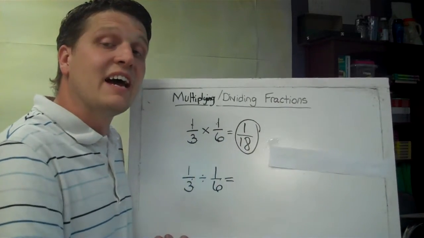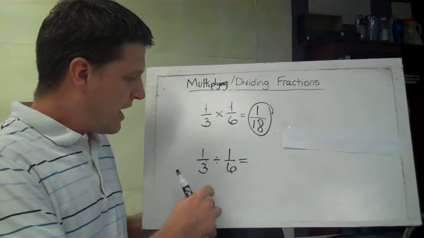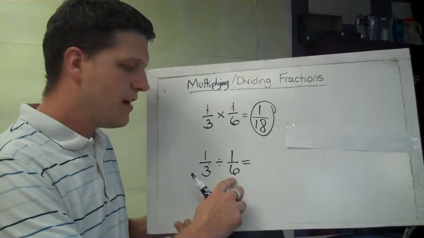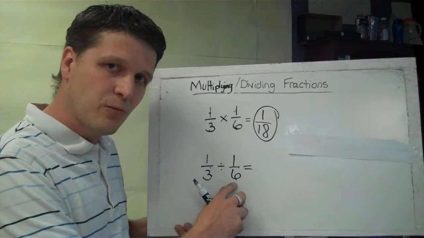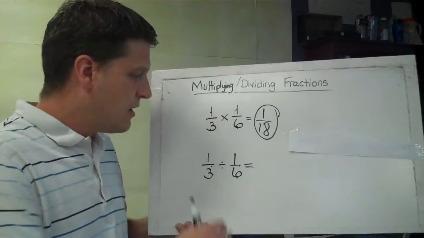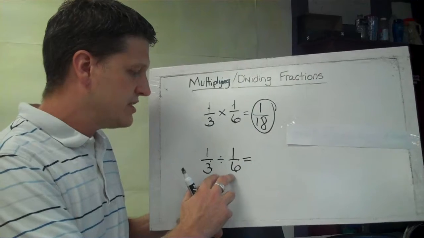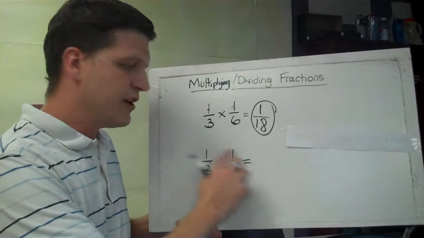Now let's go to the next one. We're going to divide the same fractions. We have 1/3, which is a larger fraction, and 1/6, which is smaller than 1/3. One thing we must remember is that when we have two fractions in this format, we can't multiply them straight across.